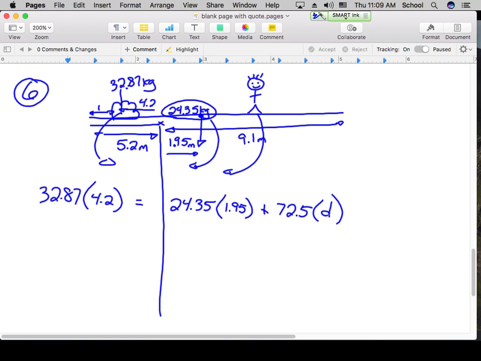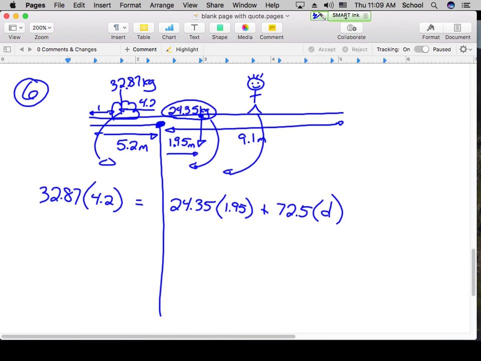So all we have to do now is solve for the distance, and that distance will be measured from the pivot point. The question asked how far out off the edge of the cliff, so how far off the pivot point. So we're just solving for D. If I asked how far in on the board you have gone, then you'd have to add 5.2 to whatever you get.